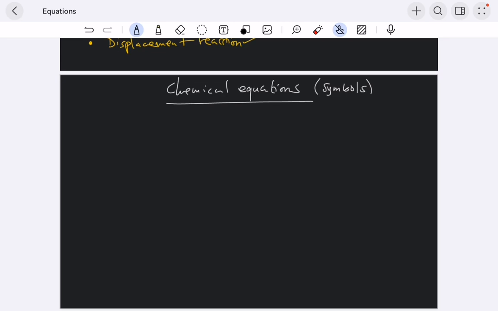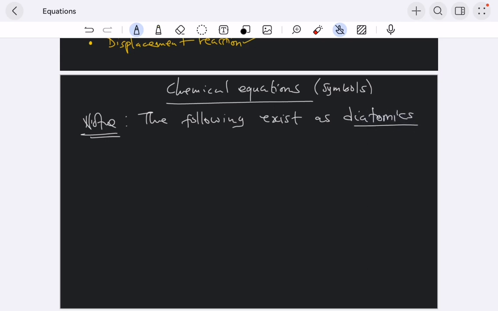I would just like to state that I'll put this as a note. Whenever we are dealing with chemical equations, the following exist as diatomics.